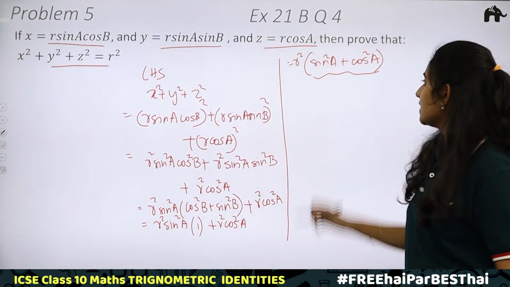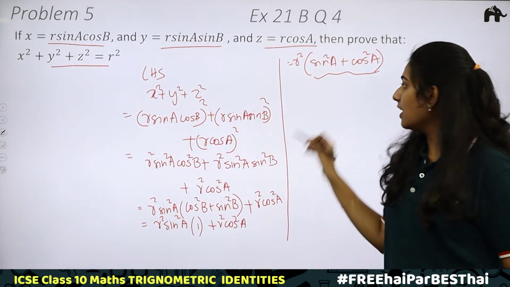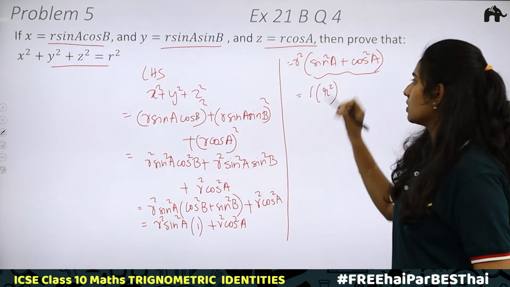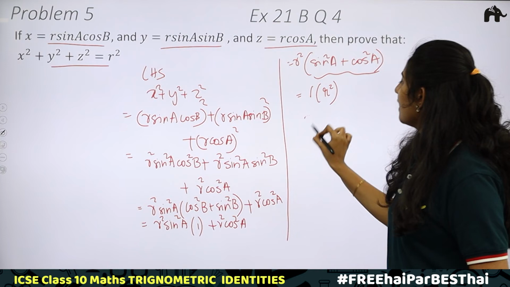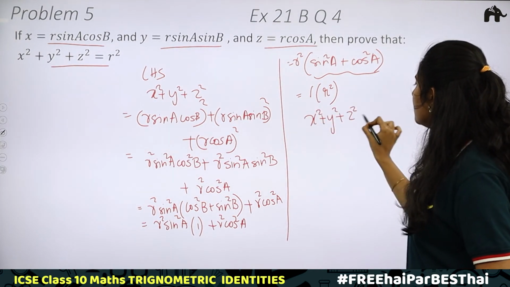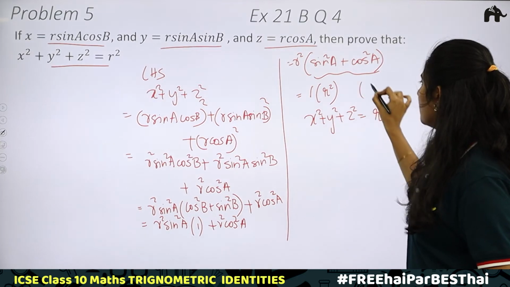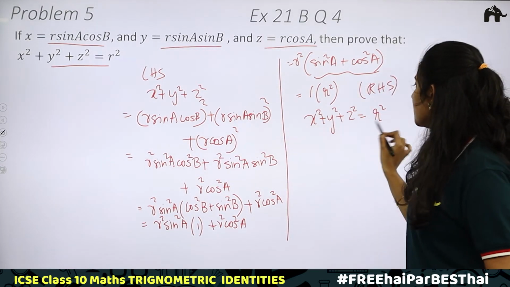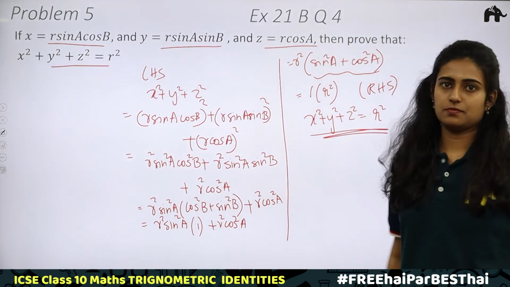Using the identity, sin square A plus cos square A is equal to 1. So 1 into r square. So we got x square plus y square plus z square is equal to r square, which is the RHS.